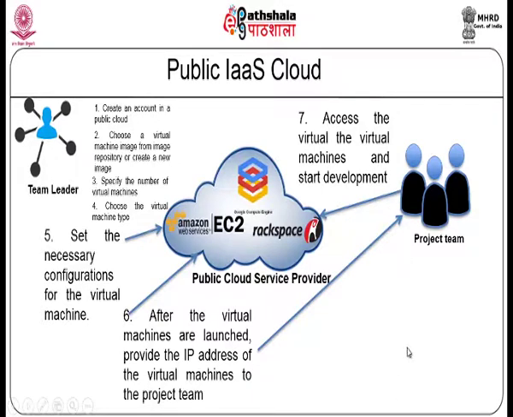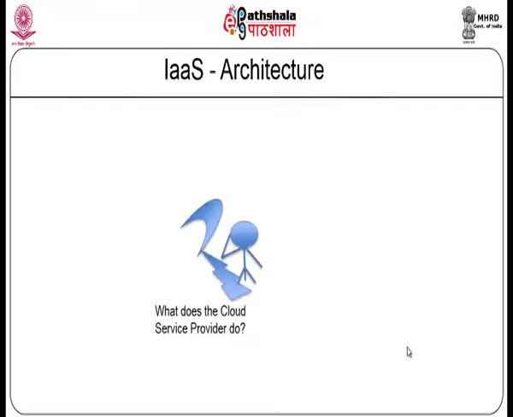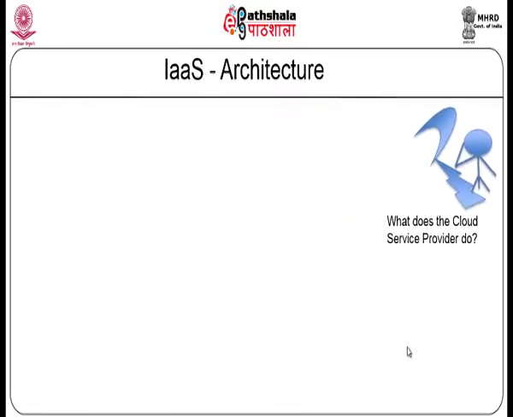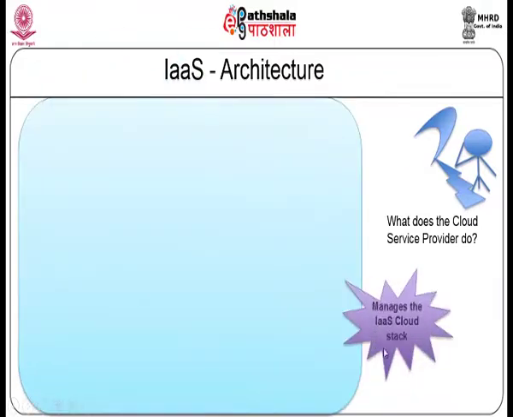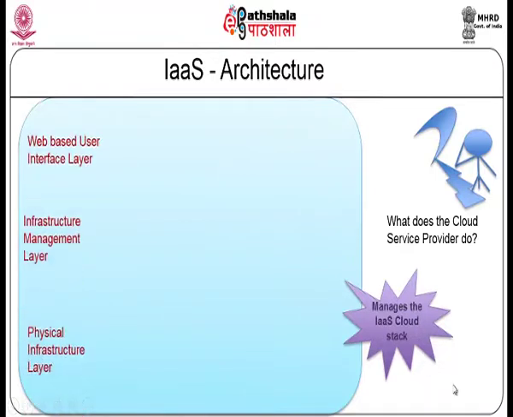So, this is one way of looking at why or when a particular company wants to access the cloud. In the architecture, what does the service provider do when they have an IaaS? They manage the overall service. So, what are the things that they are managing?